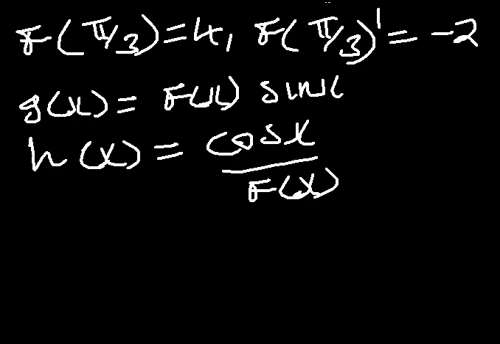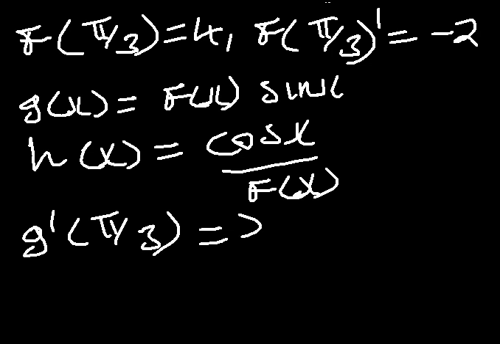Now the question says find g prime of pi over 3. Now how should you do this? First thing, we'll have to differentiate the function g of x. So in this case, I'm going to use the product rule, as you can see.